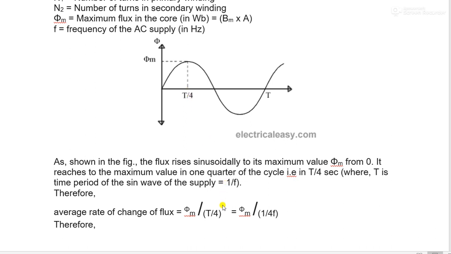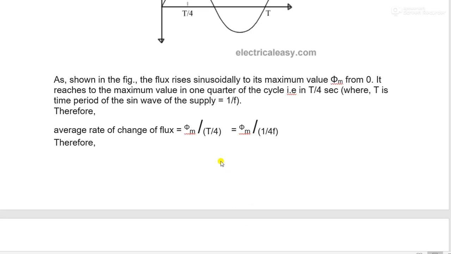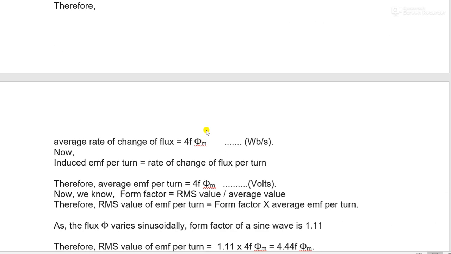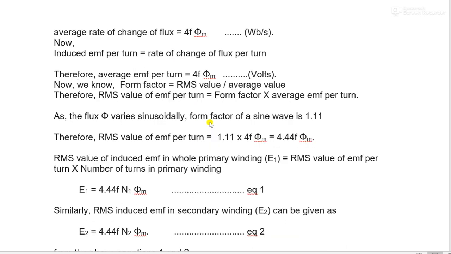We can rewrite this by replacing T is equal to 1 by f, so phi m upon 1 by 4f in terms of frequency. Now the average rate of change of flux equals 4 f phi m Webers per second.